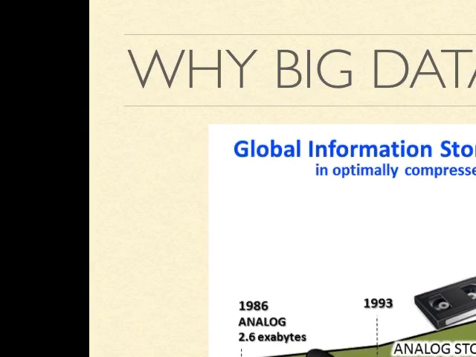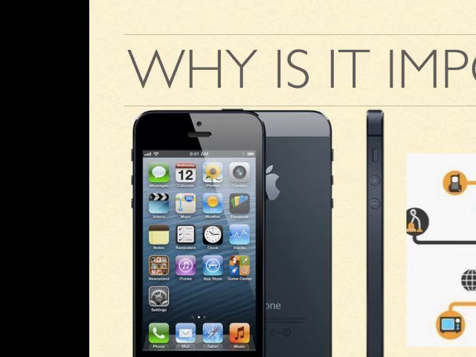Why did it happen that way? Why did we start calling 2002 the beginning of the digital era? The simple answer is smartphones, or you can say devices and connectivity. In very simple words, the answer is devices and connectivity.